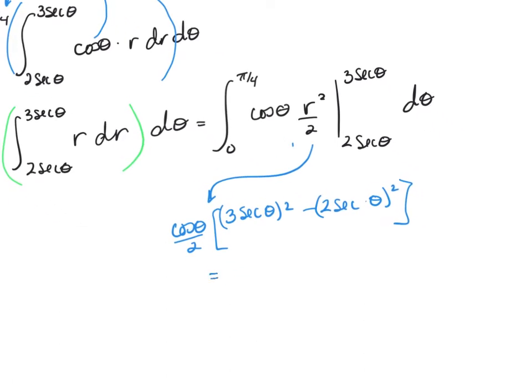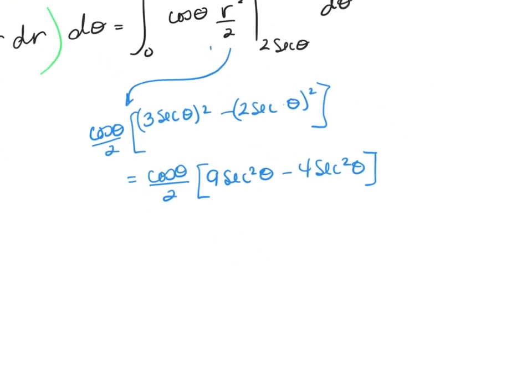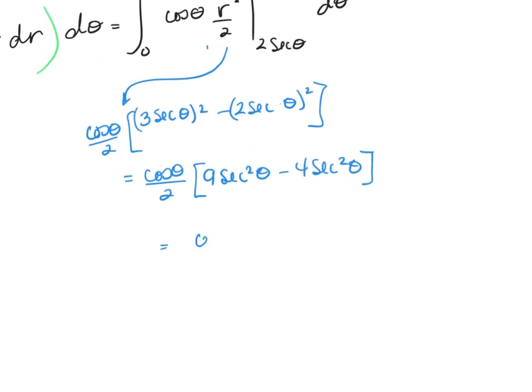So then this is going to be equal to cosine of theta divided by 2, and then it's going to be 9 secant squared theta minus 4 secant squared theta. So this is equal to the cosine of theta divided by 2 multiplied by 9 divided by the cosine squared of theta, minus the cosine of theta divided by 2 multiplied by 4 divided by cosine squared of theta.